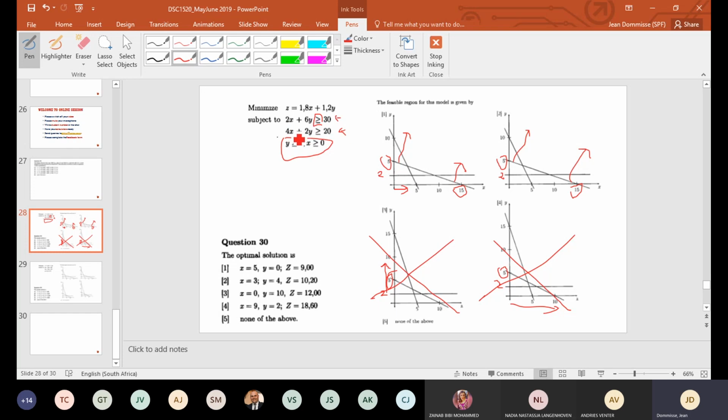Then I would look at option 2, and there again I would say, okay, if x is 0, what is the value of y? It is 10, so that is right. If y is equal to 0, what is the value of x? It is 5, so that is right. And it needs to be bigger than that line.